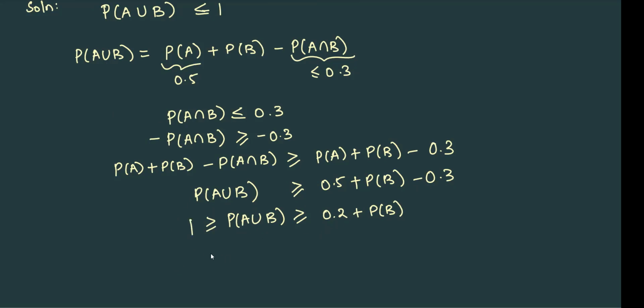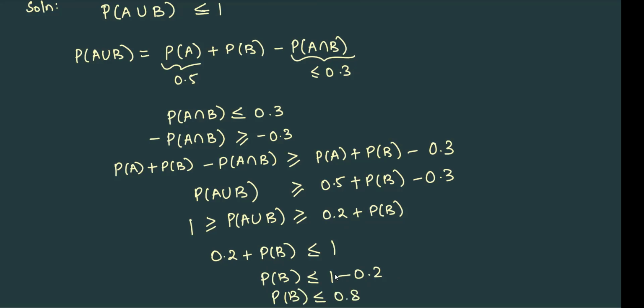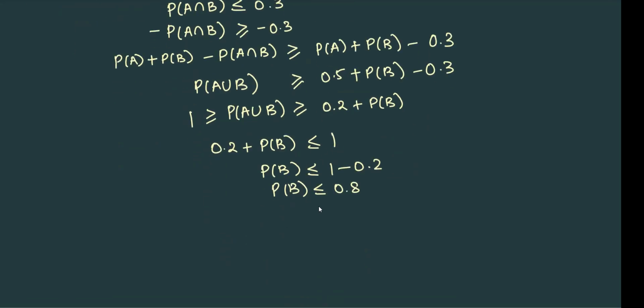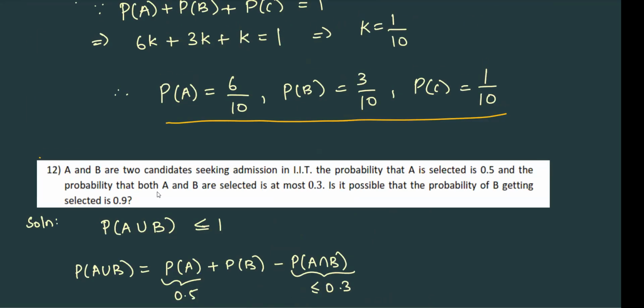Which means 0.2 plus P of B should be less than or equal to 1, which means P of B should be less than or equal to 1 minus 0.2. So P of B must be less than or equal to 0.8. Then only it is possible.